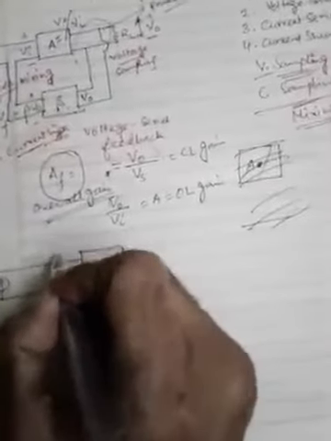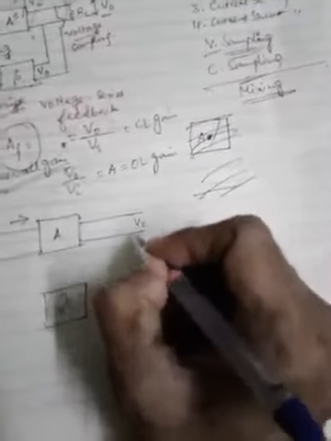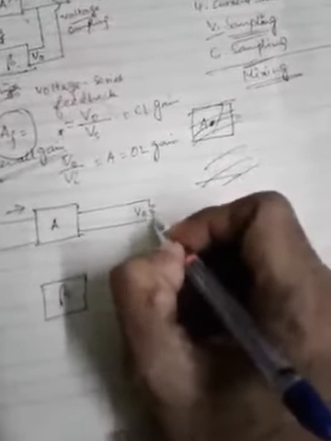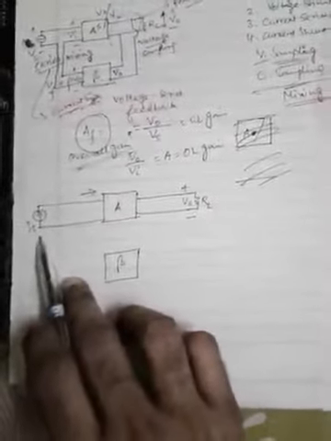The current entering the basic amplifier is giving the output, which we are writing as VO, measured across the load resistance RL. So what we have done, we have given the input in terms of current, but we are measuring the output in terms of voltage. So this is the basic amplifier.